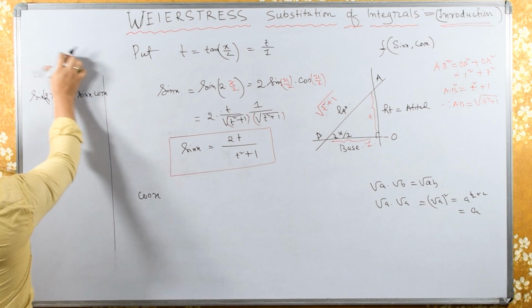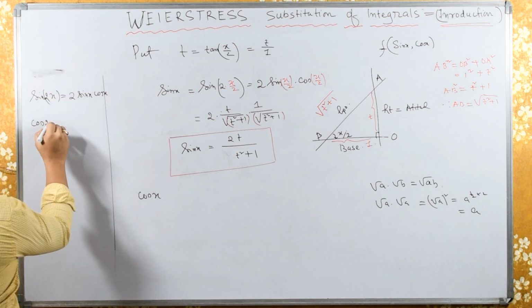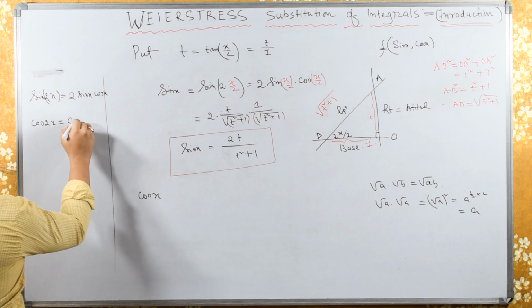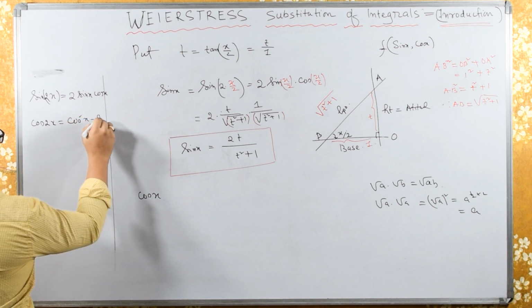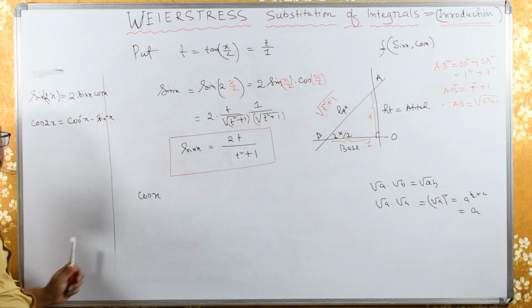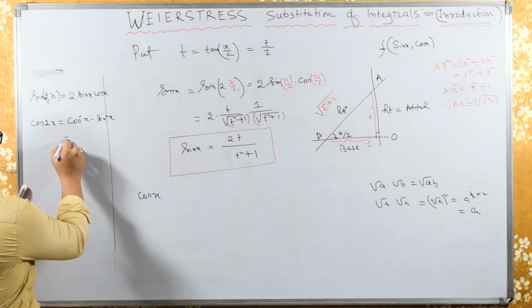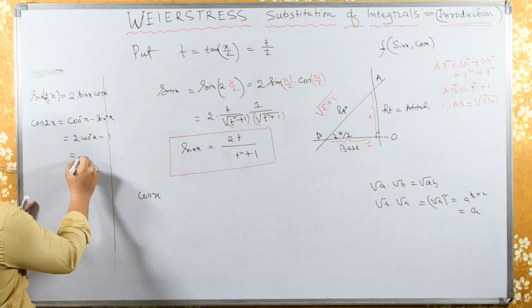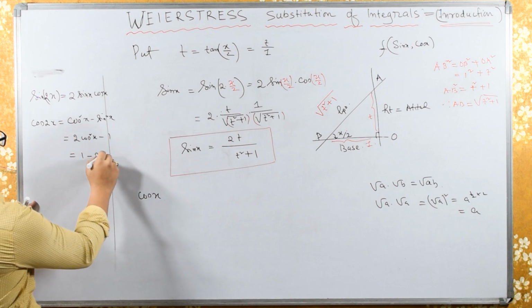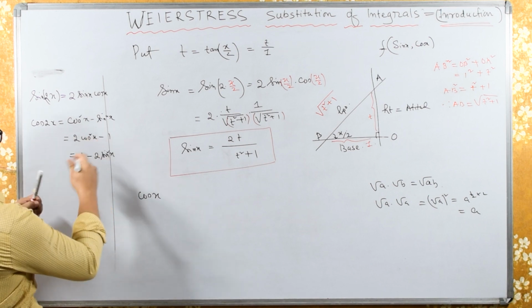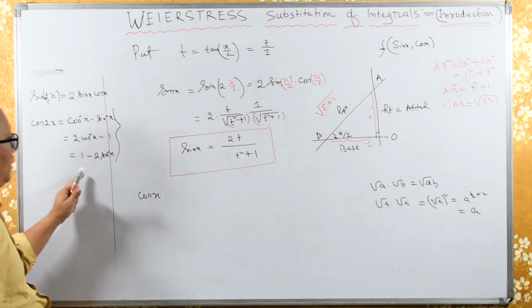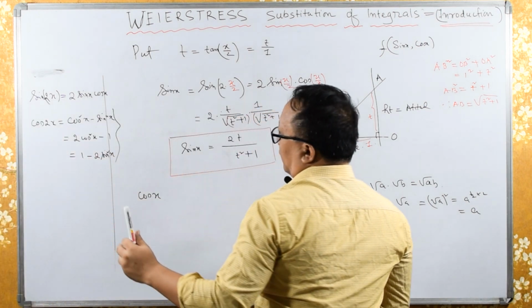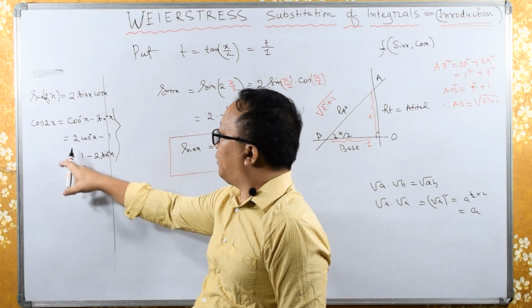Now we have the cos 2x formula: cos of 2x equals cos square x minus sin square x, or this is the same as 2 cos square x minus 1, or this is the same as 1 minus 2 sin square x. From these three formulas, any one we can use.